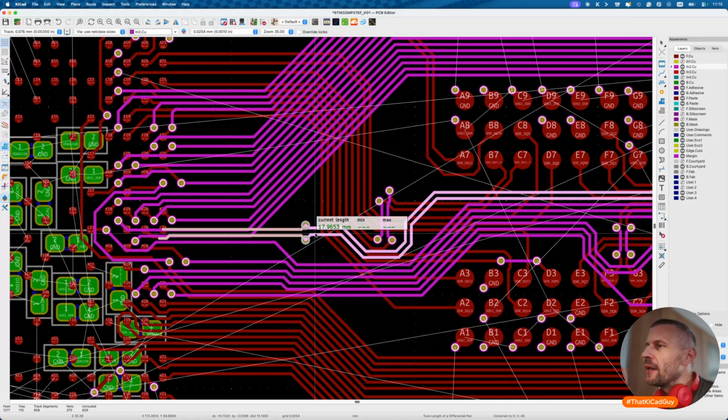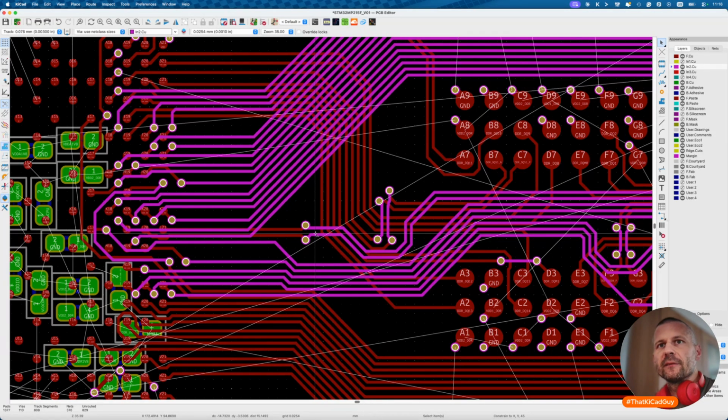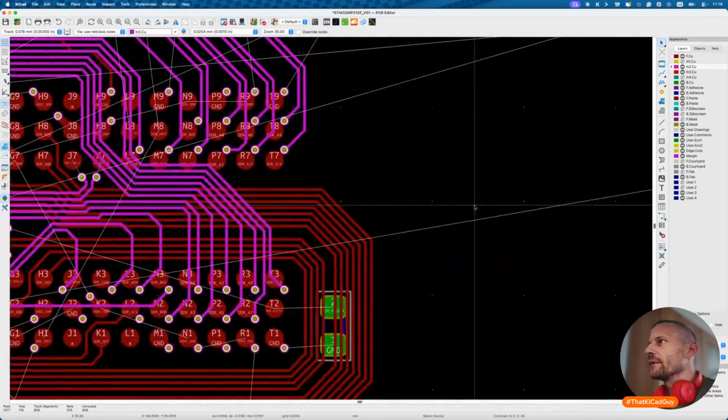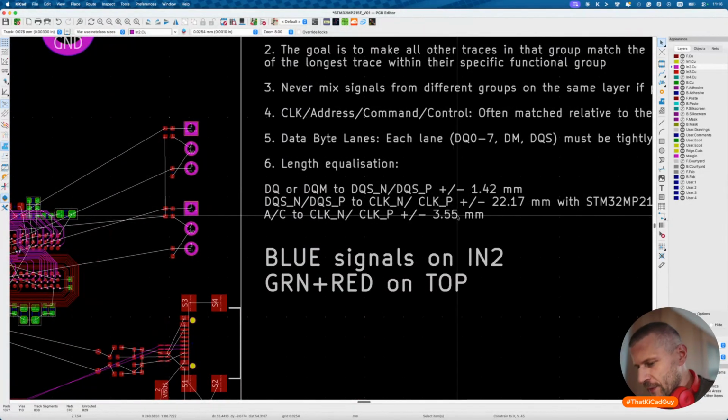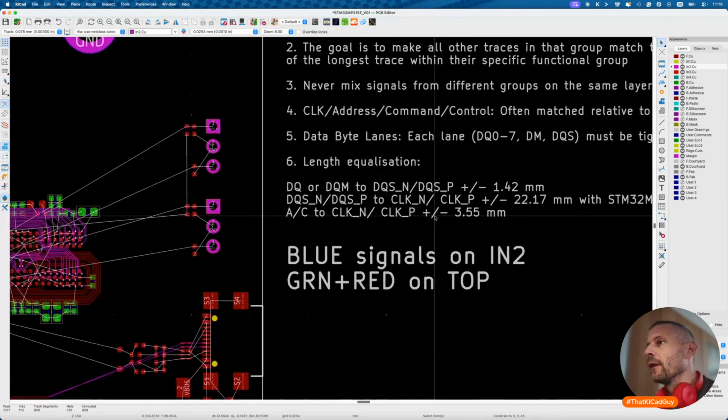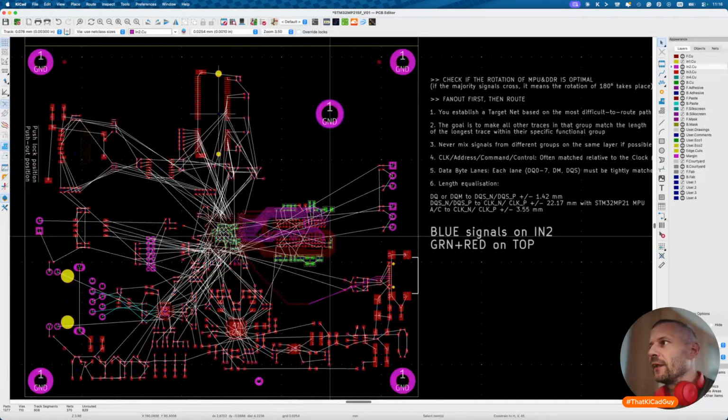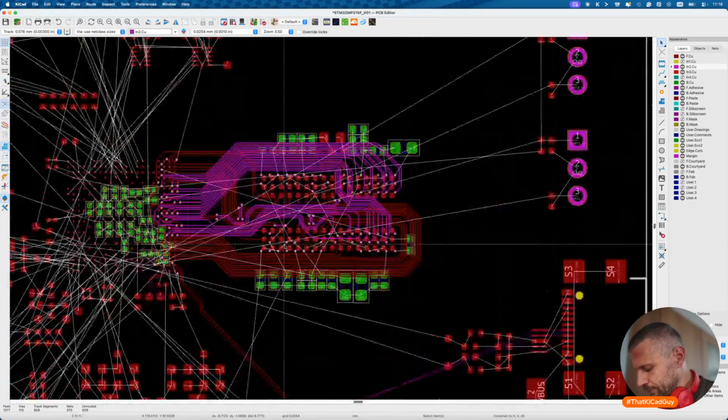So it means that if we length tune all the AC signals, which must be length tuned within 3.55, so all the AC signals to be between, right now at the moment, 14 and roughly 21, then we are length matched as well.